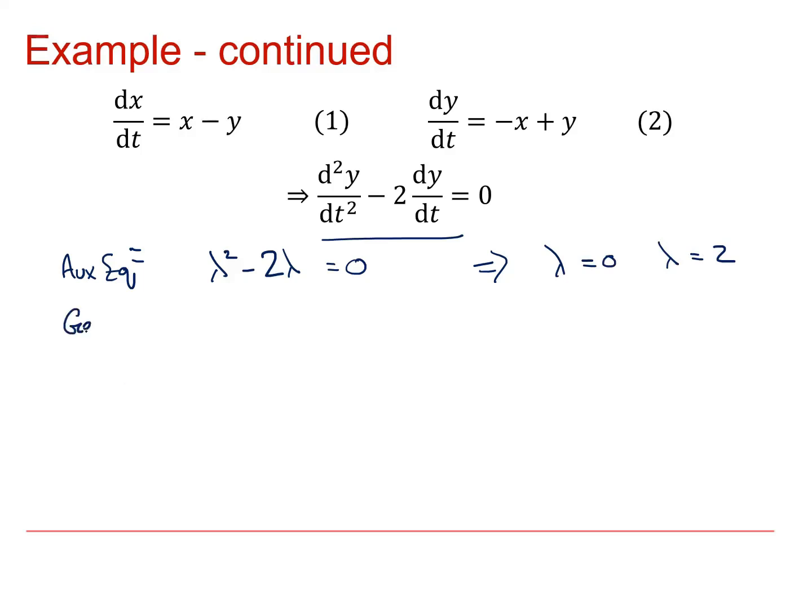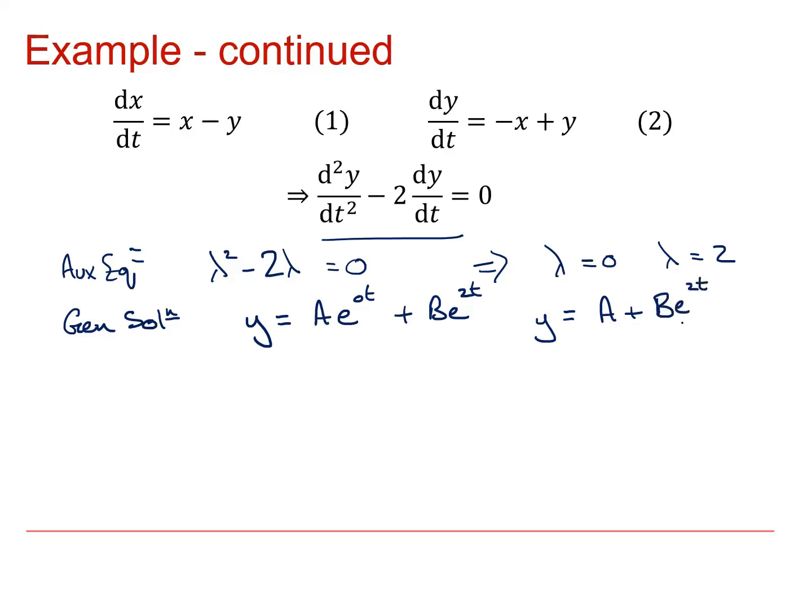And so my general solution is y is equal to a e to the 0t plus b e to the 2t. We know that e to the 0t is just 1, so y is equal to a plus b e to the 2t.